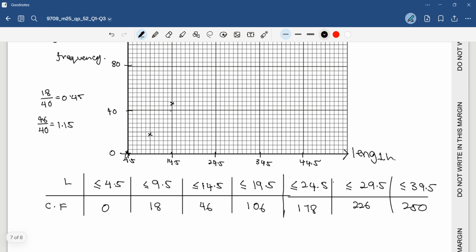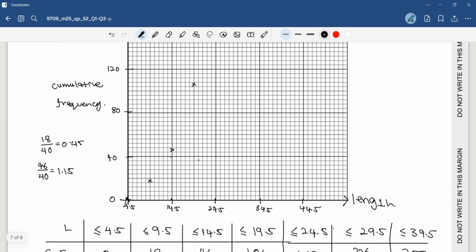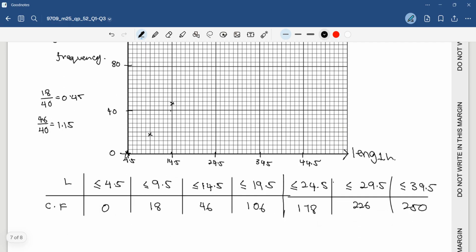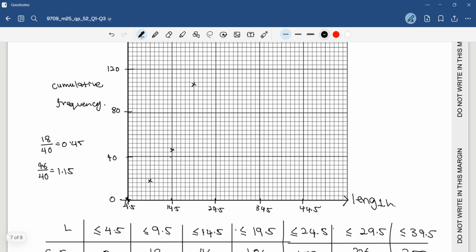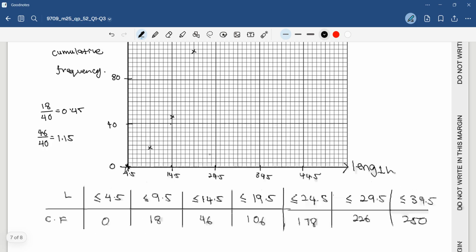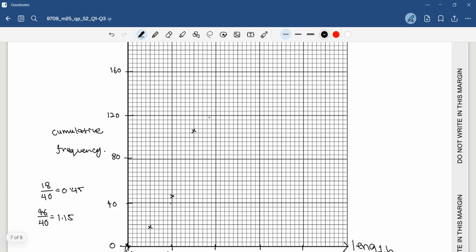Okay, so I do the same for the other values. So 106 divided by 40, I got 2.65. So 19.5 is 106. And then 24 is 178. 178 divided by 40 is 4.45. So 24 is 4.45. I do it like that.